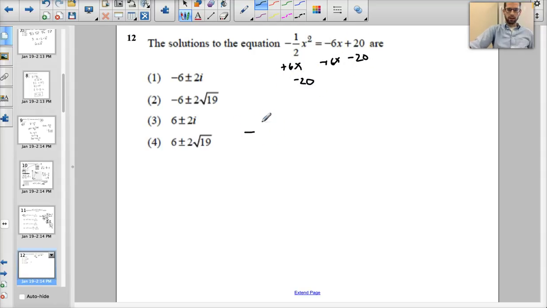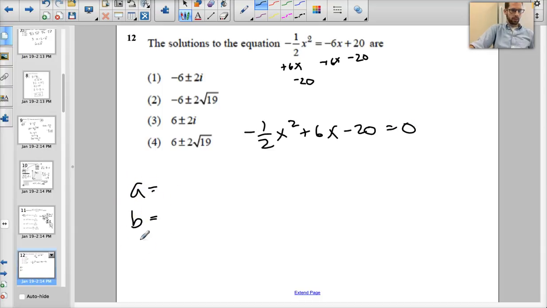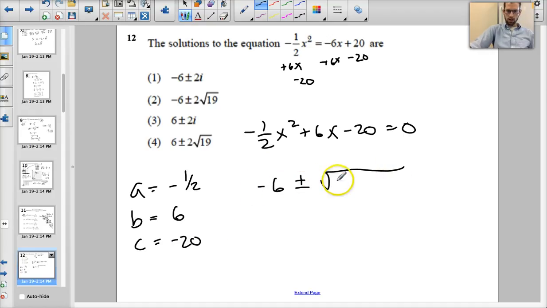And I get negative 1/2 x squared plus 6x minus 20 equals 0. To use my quadratic formula, I'm just going to note my a term, my b term, and my c term. My a term is negative 1/2, my b term is 6, and my c term is negative 20. So it's going to be the opposite of my b term, plus or minus the square root of b squared.